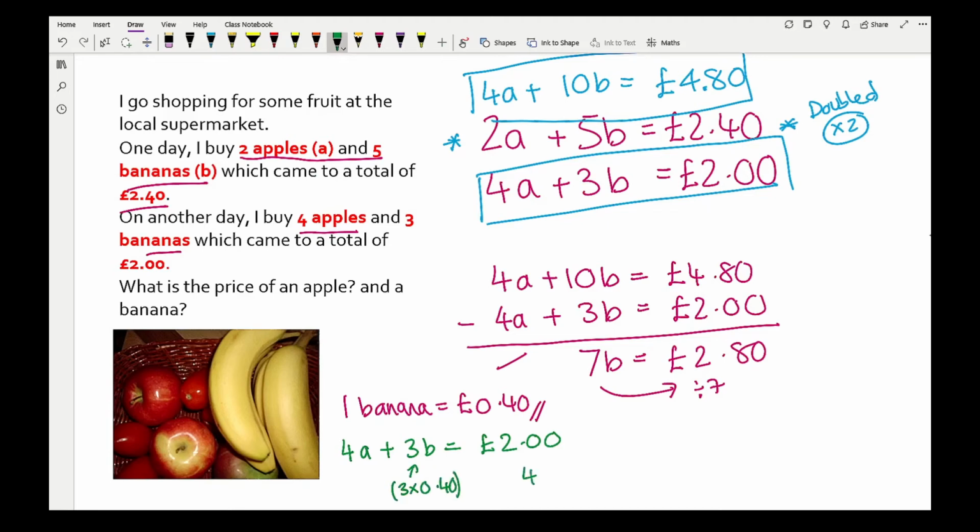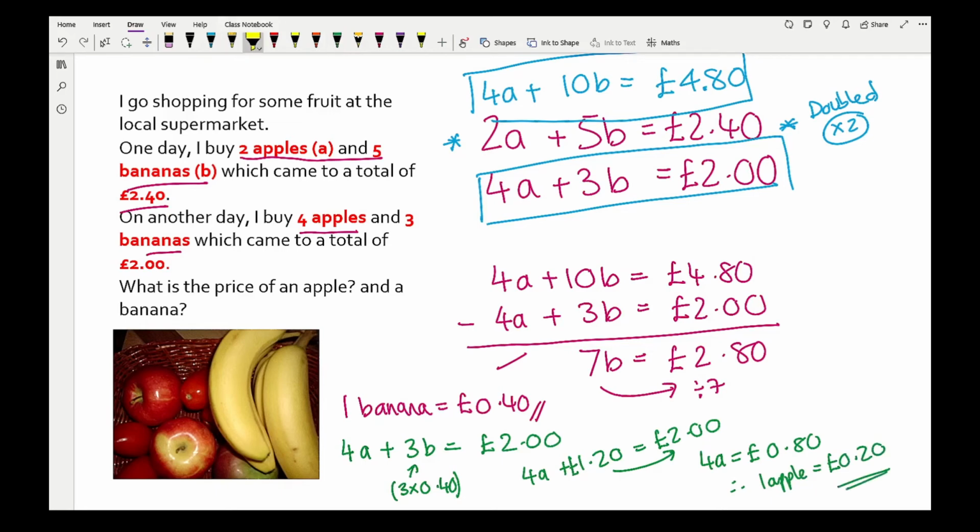So I get 4 apples plus £1.20 equals £2. So if I take the £1.20 over to the other side, I get 4 apples equals 80p. So therefore 1 apple is going to cost 20p, and there is my final answer.